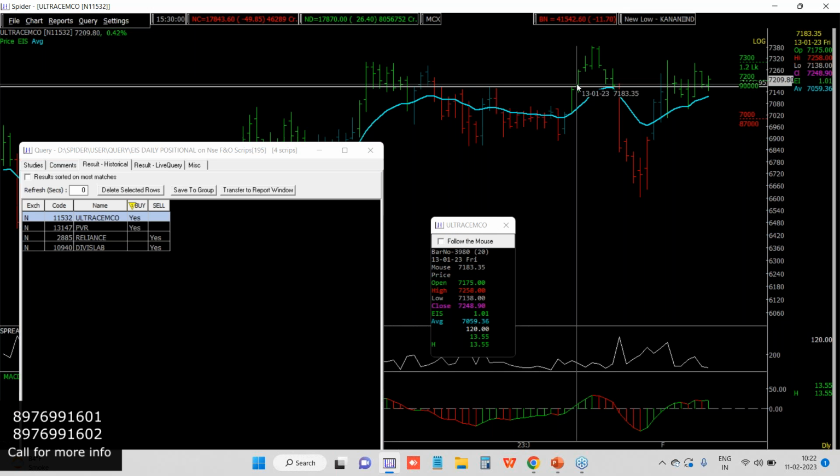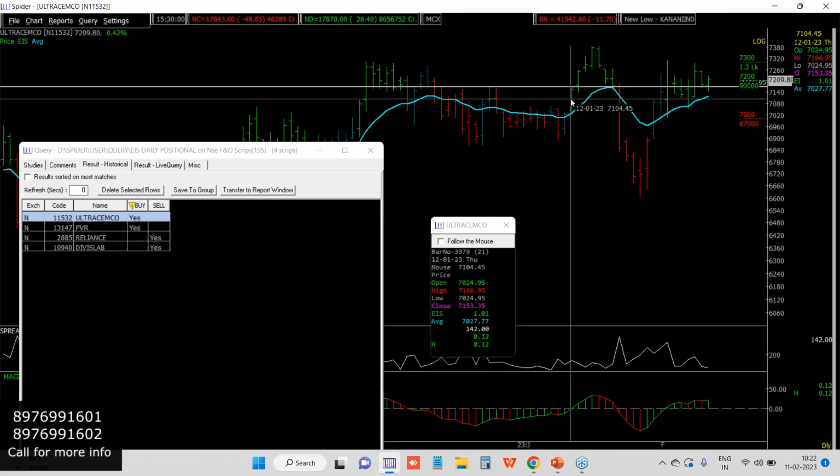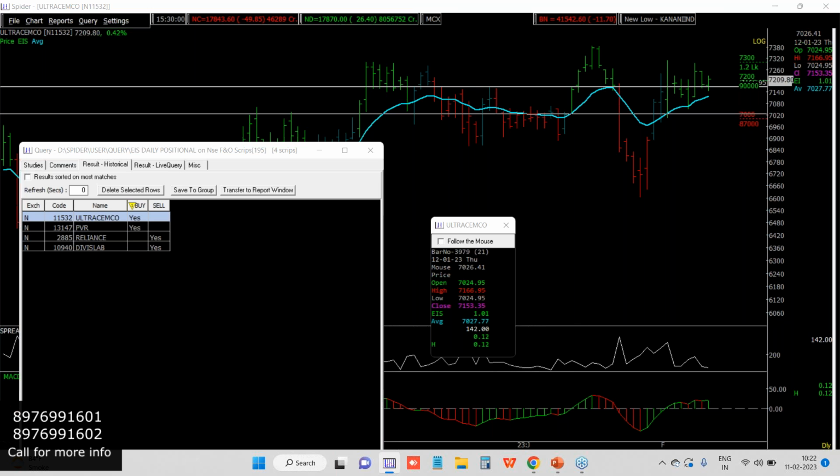This was our entry point, with the stop loss at 7024, and we'll go with the minimum target of 142 points, that is the difference. We have got more than 142 points.